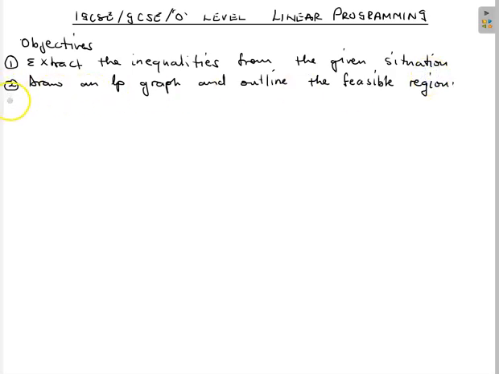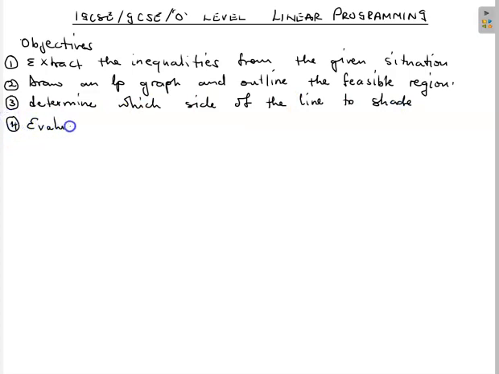Alright, three, you should also be able to determine which side of the line are you to shade. And then four, you should be able to evaluate your objective function.